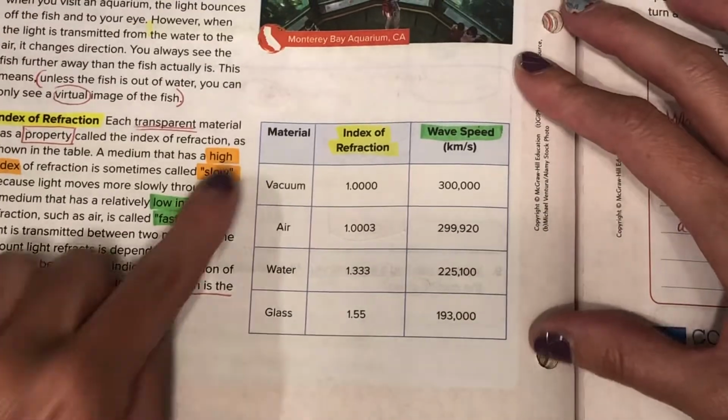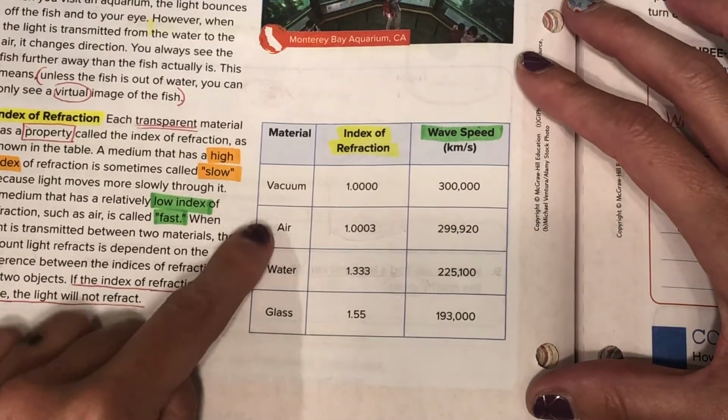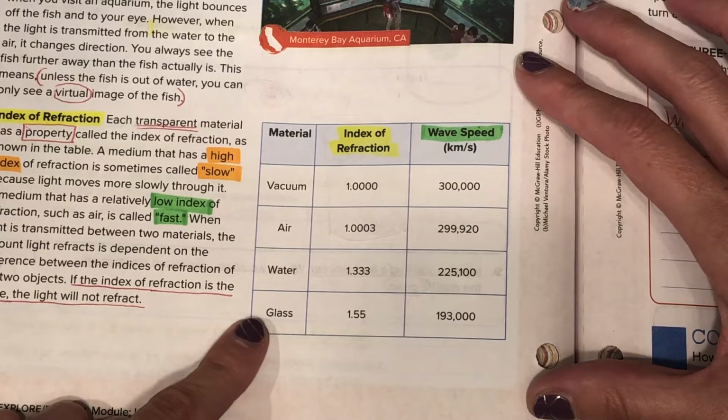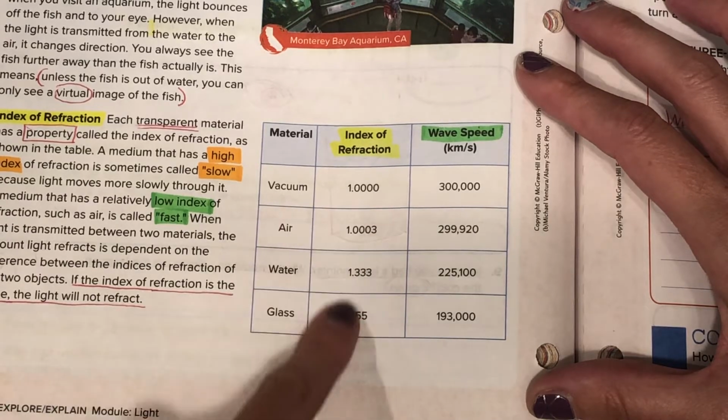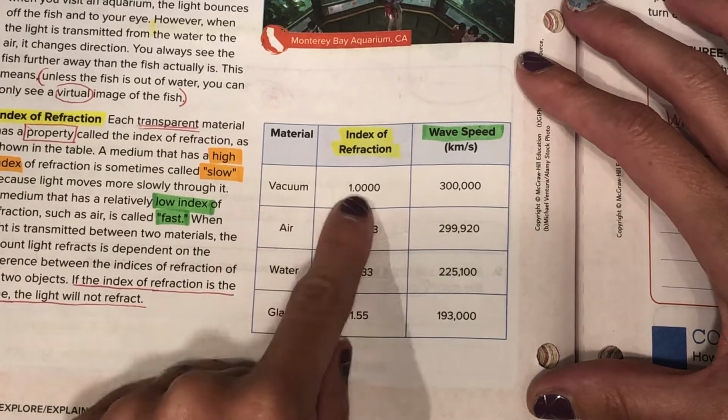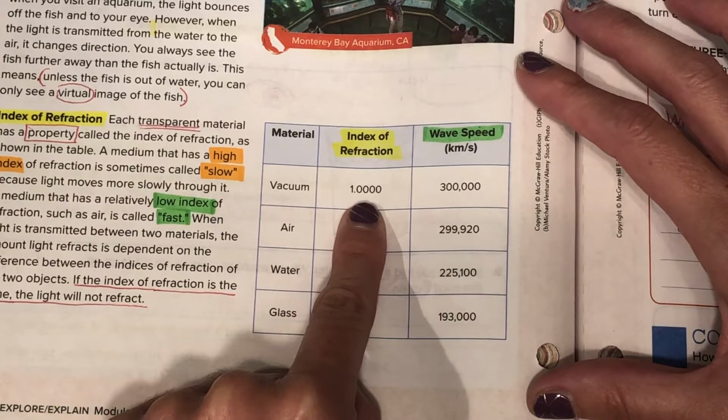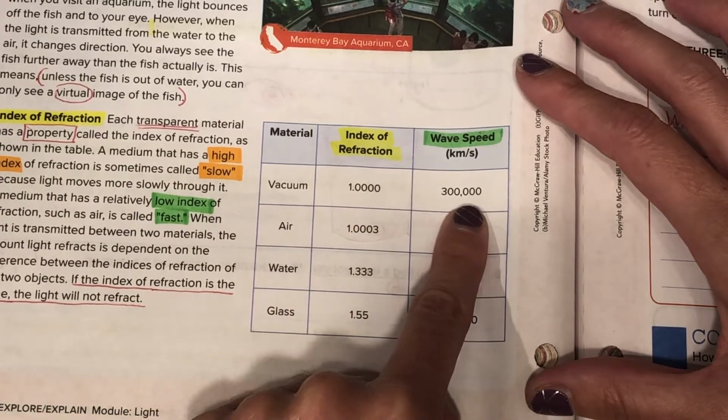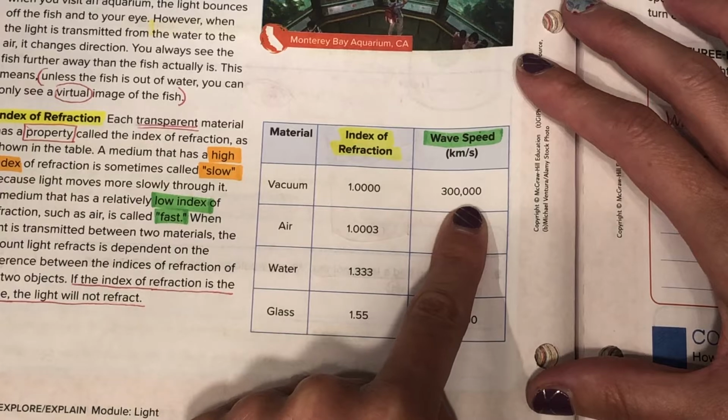So here's a really cool chart right here. Here's some different materials or mediums, and here's their index of refraction. Notice in a vacuum, it has an index of 1.0, that is the speed of light. It cannot go any faster than that.